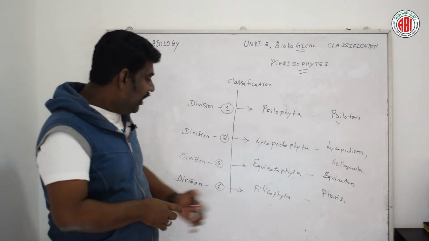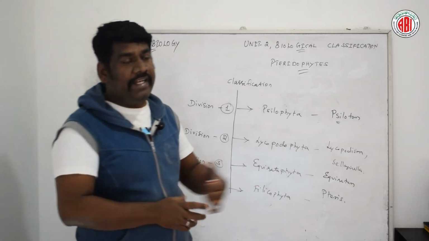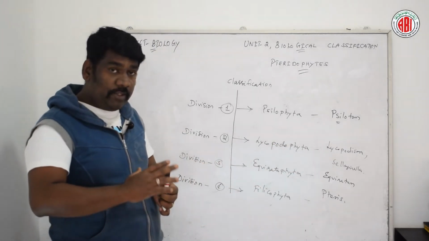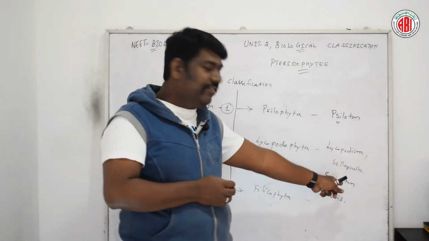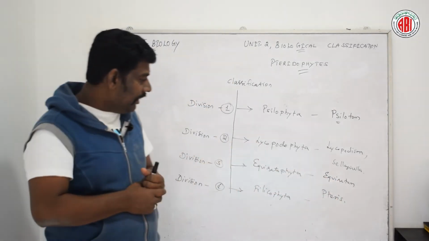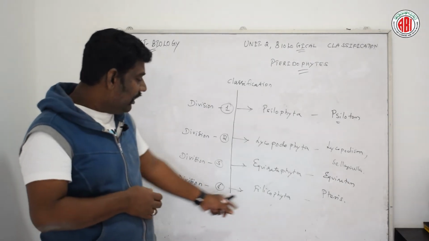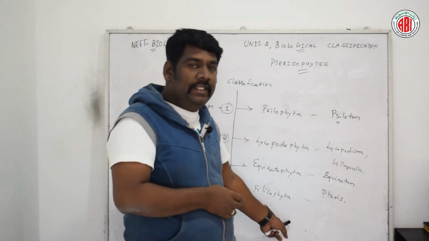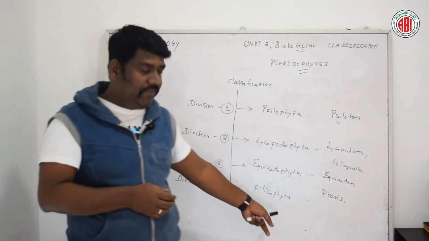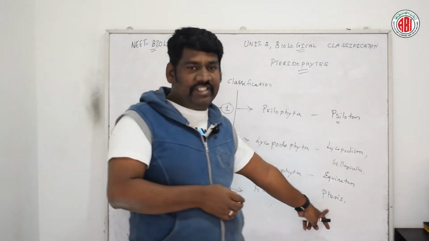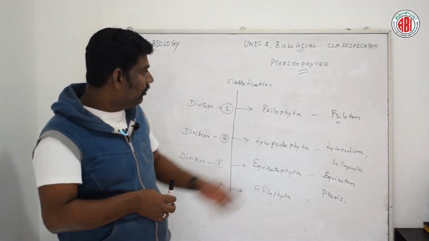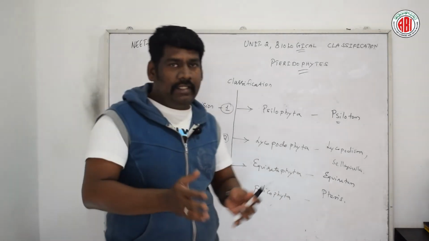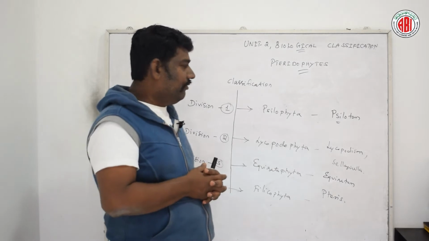Division 4, Filicophyta, involves all types of ferns, and the best examples are Pteris and Nephrolepis. So this is the classification of the types of Pteridophytes.